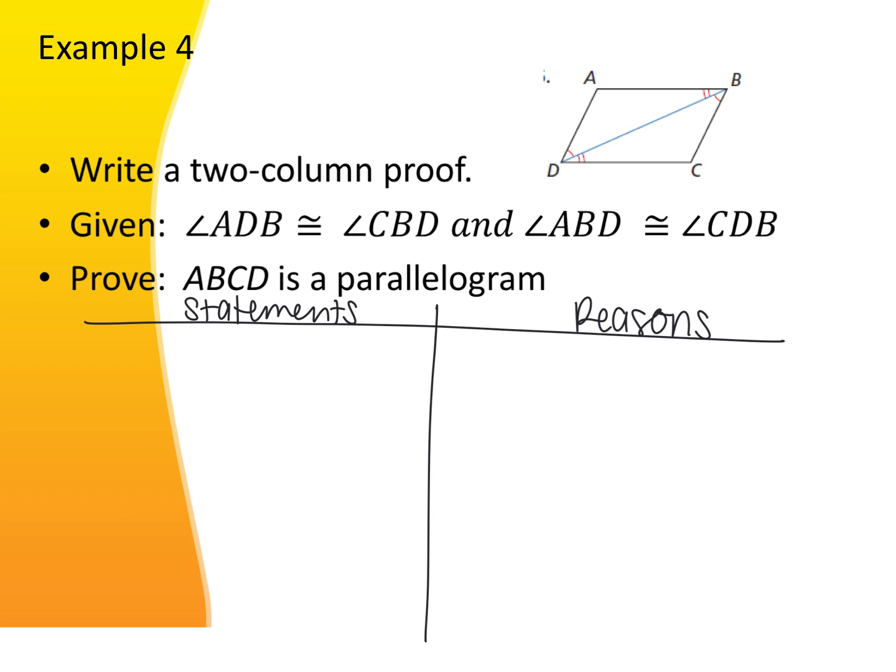A lot of letters. Looking at it, the first one is always what they're giving me. So I'm going to write angle ADB is congruent to angle CBD, and angle ABD is congruent to angle CDB. And that's given.